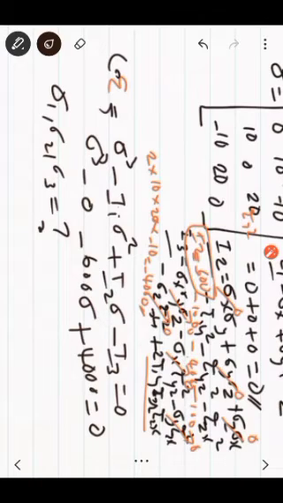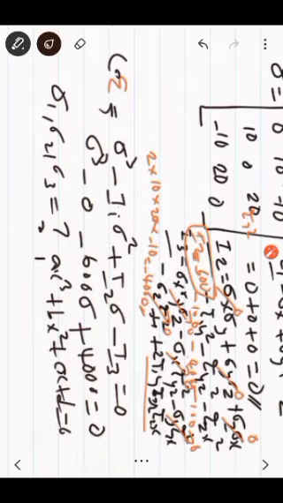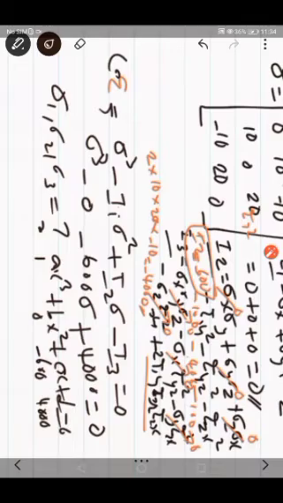This is of the form a x cube plus b x square plus c x plus d equal to 0. So what is the a value? A value is 1, b value is 0, c value is minus 600 and d value is 4000. So substitute here in the calculator.